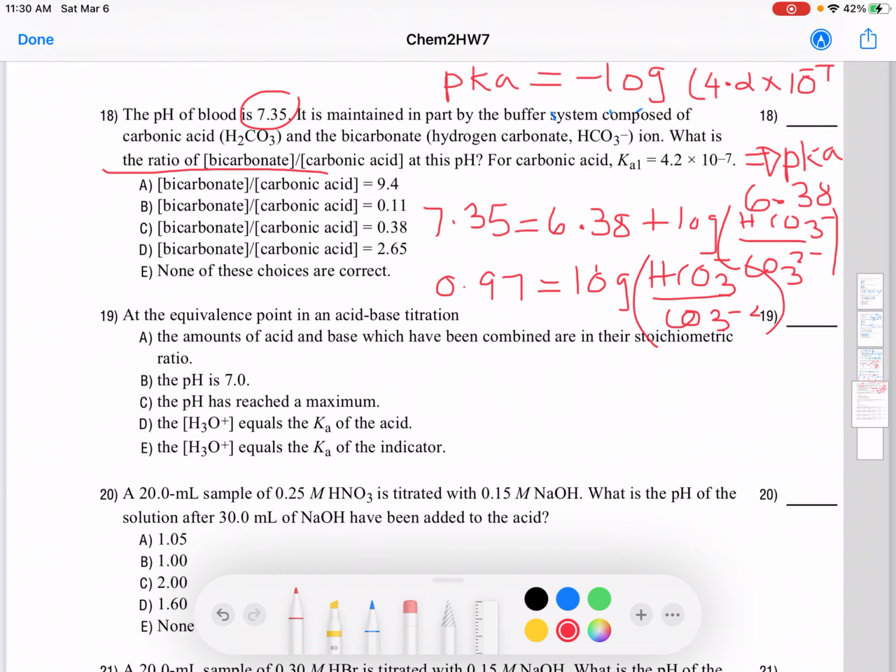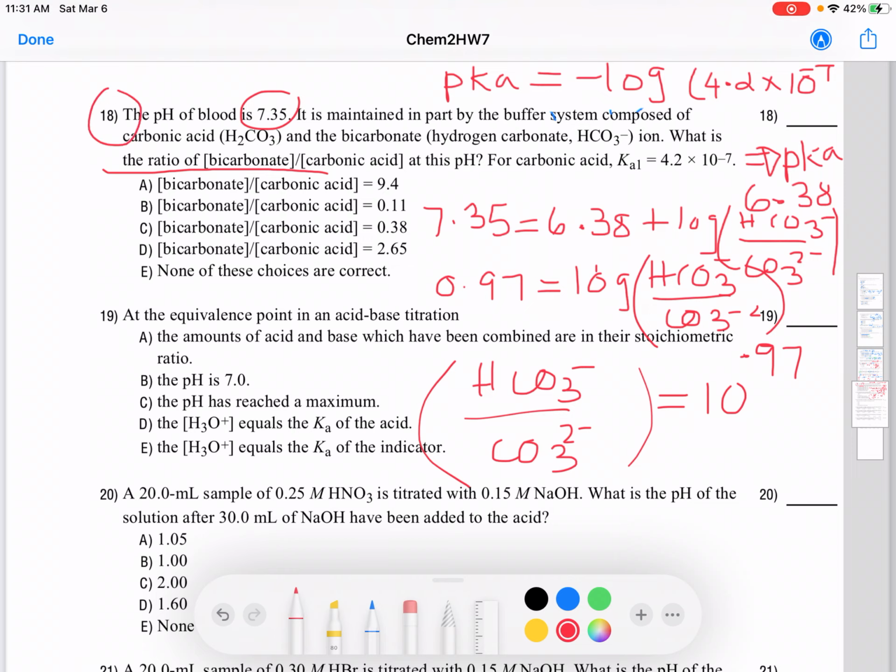How do you get this ratio? You take the antilog of 0.97, to get the ratio of HCO3 minus over carbonate, it would be 10 to the 0.97. You will get an answer for that. That was number 18.